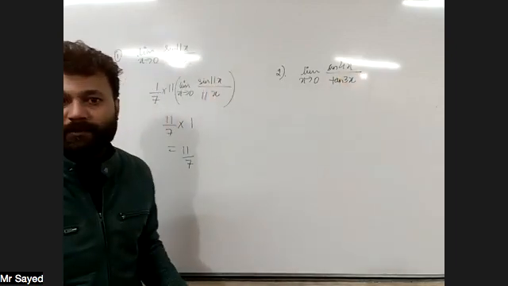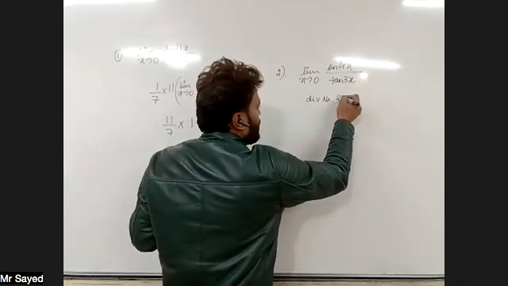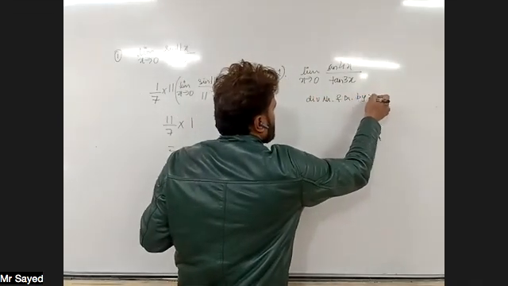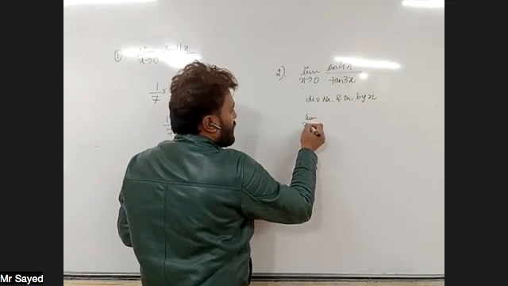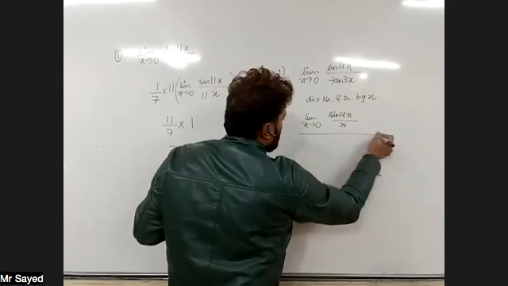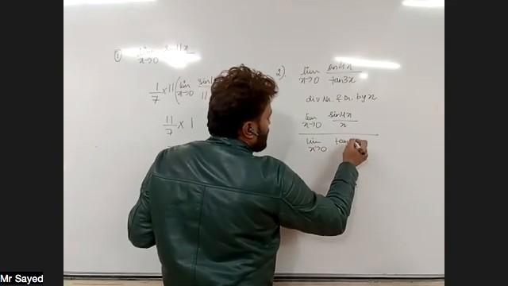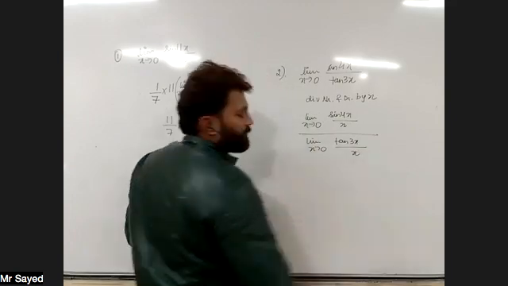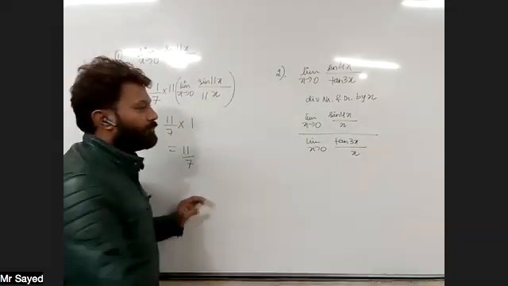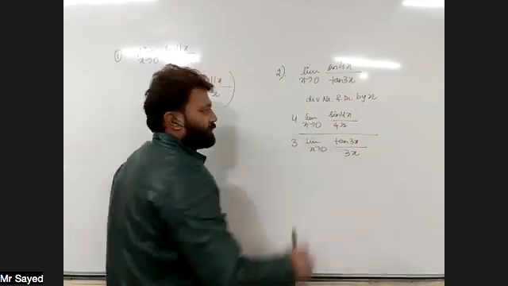Now look carefully. If we divide numerator and denominator by x, this will be limit x tending to 0, sine 4x upon x, whole upon limit x tending to 0, tan 3x upon x. Right? We can multiply and divide this by 4. We can multiply and divide this by 3.